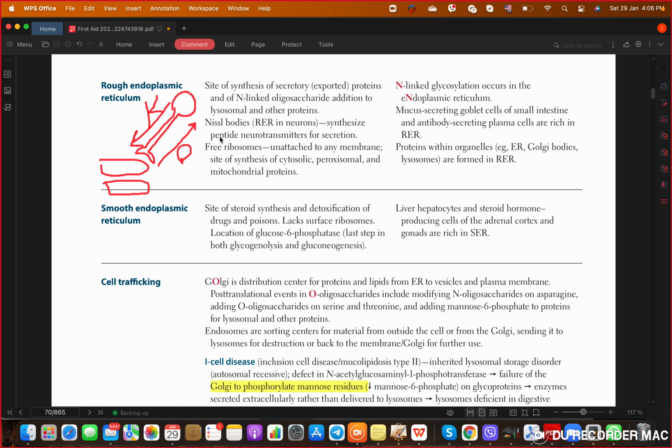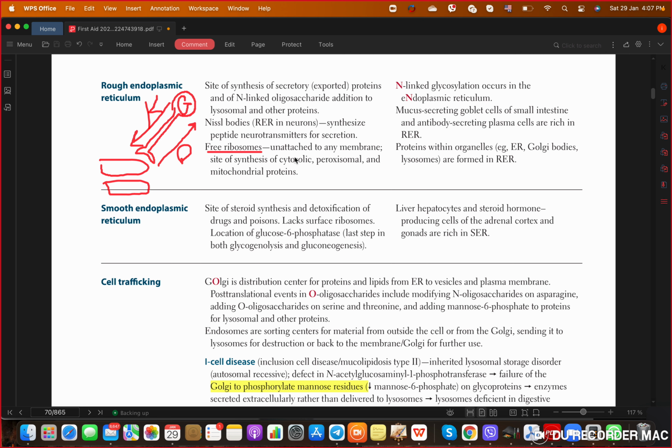Where is it stored, Doc? In the neuron body, Doc? In the neuron body, but what do we call a collection of neuron bodies outside of the CNS? We call it ganglia. Okay, so the trigeminal ganglia in this case. So, got it.